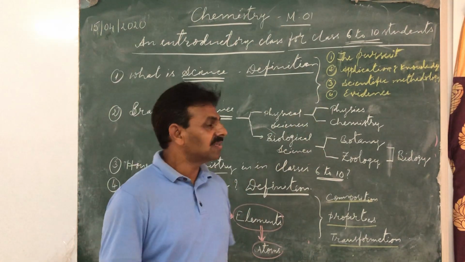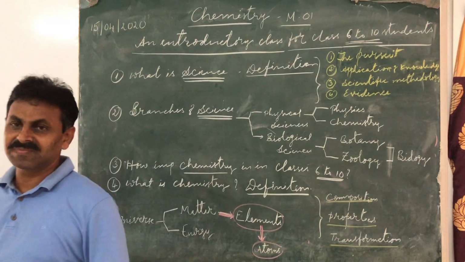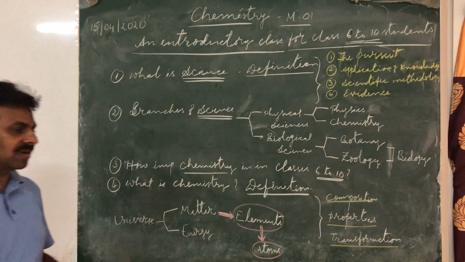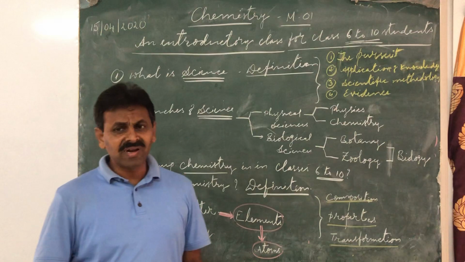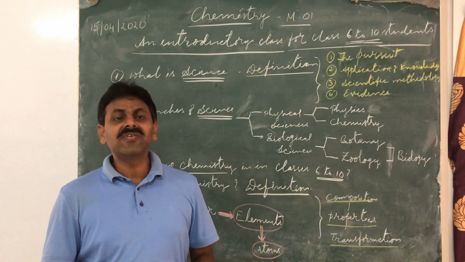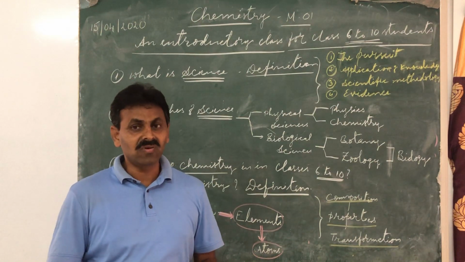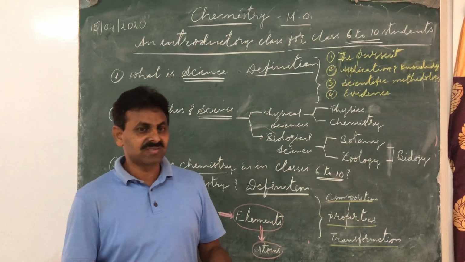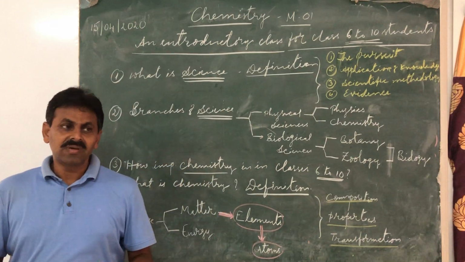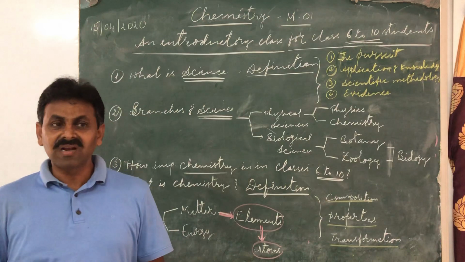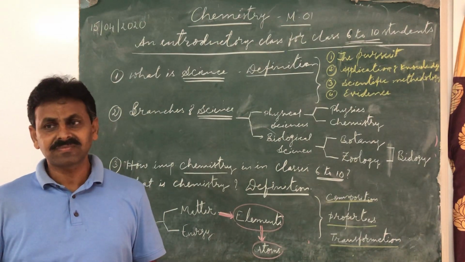The second part is application of knowledge. Children, you learned earlier also. You have been learning so many scientific concepts. You are learning something, you are getting some knowledge. Now, knowledge becomes useless unless you put it into practice.